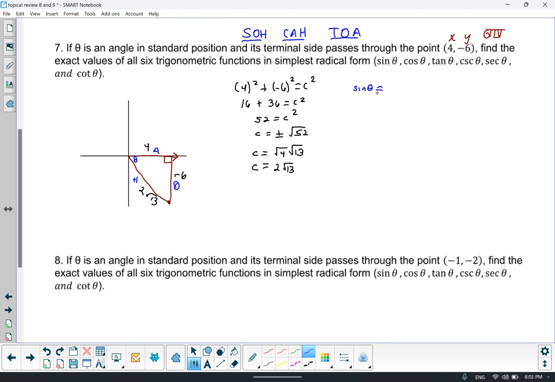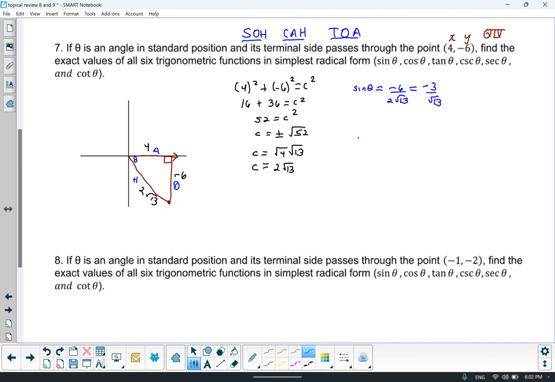So sine, being the opposite over hypotenuse, is going to be -6 over 2 rad 13. Now, we're going to have to rationalize this, but we're going to rationalize at the end. Also, we can simplify this further. 2 goes into -6, -3 times, so this could be simplified to -3 over rad 13.